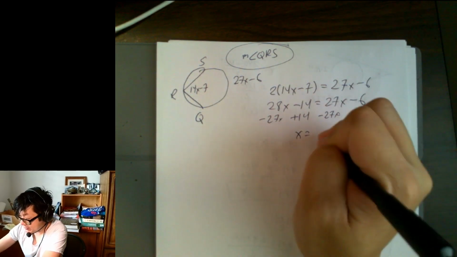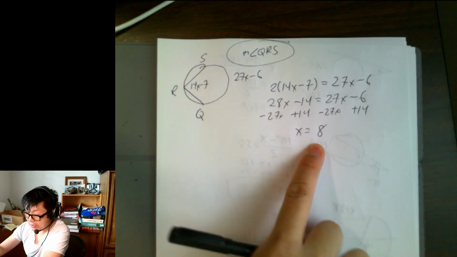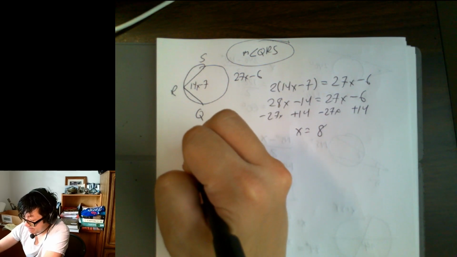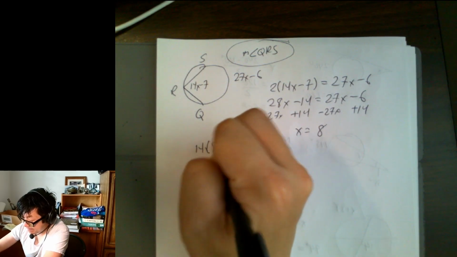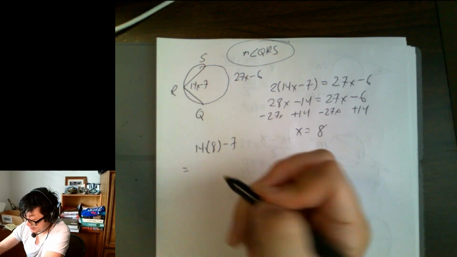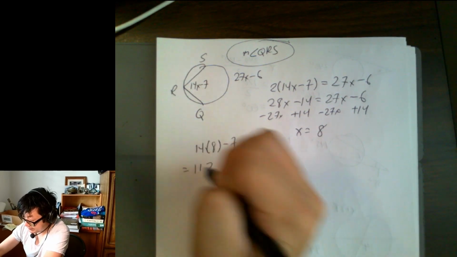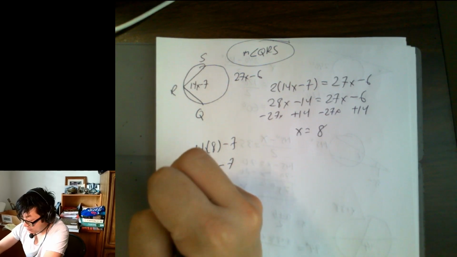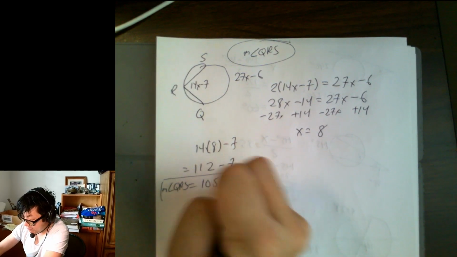You get that x is equal to 8, and we have to go back and solve for the measure of angle QRS. And so we get that the measure of angle QRS is 105 degrees.